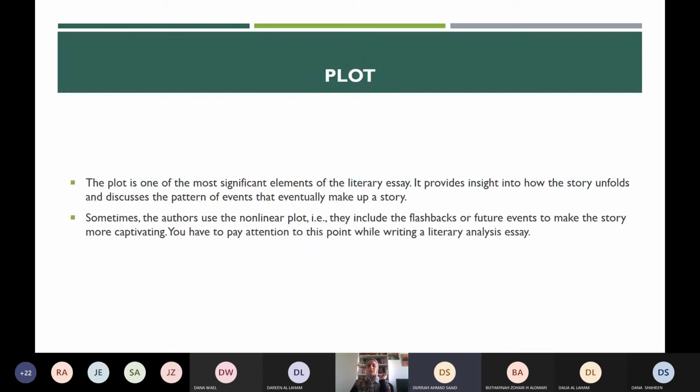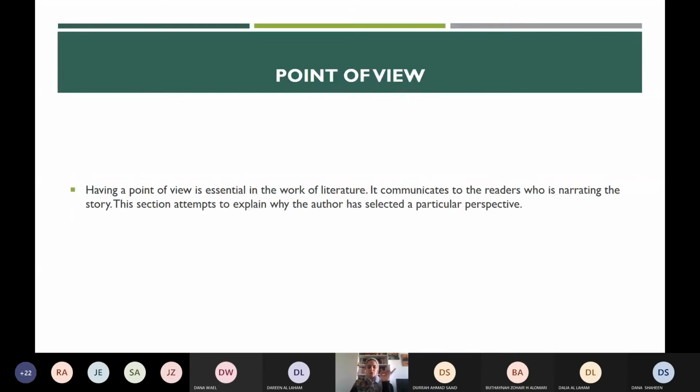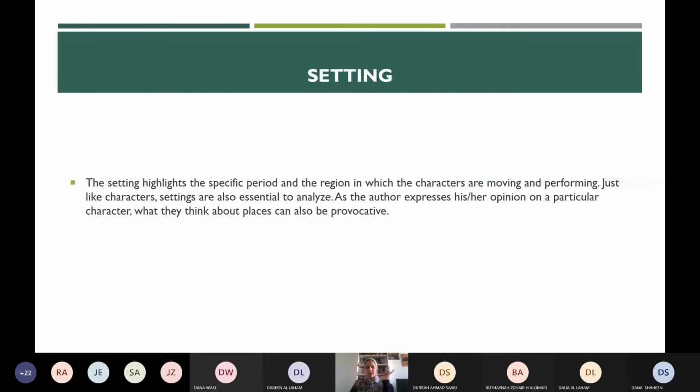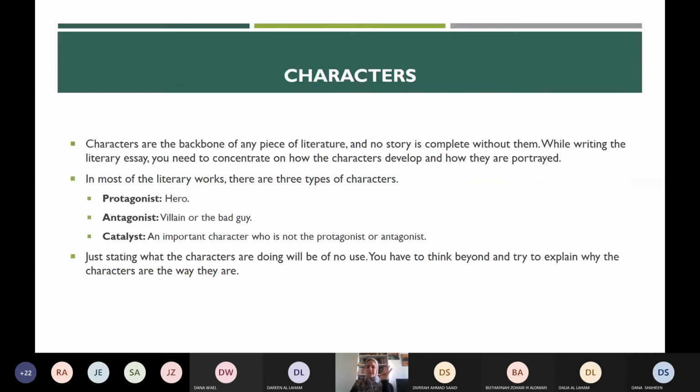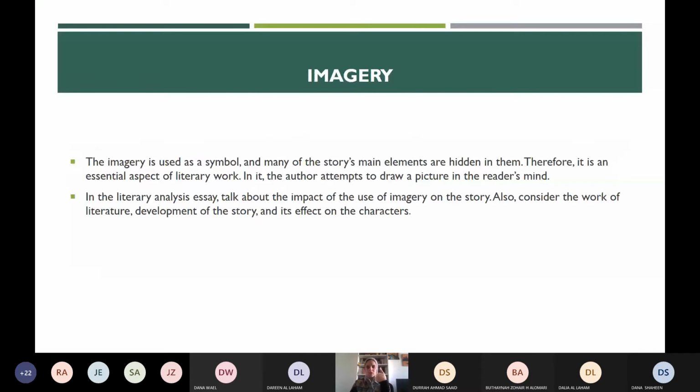So after we analyze the plot, we analyze the point of view for the author, for the narrator, we analyze the setting, we analyze the characters, we analyze how the author used the imagery in his writing. And that's why we took the imagery in literature the day before yesterday.